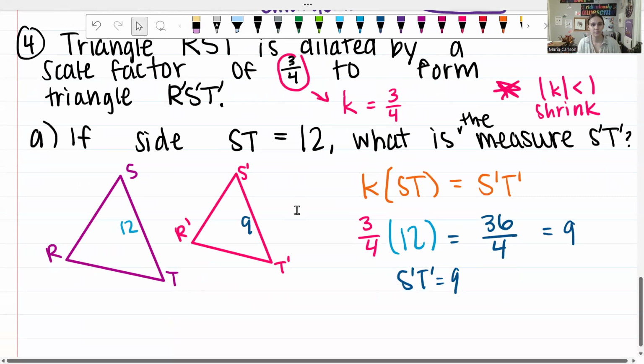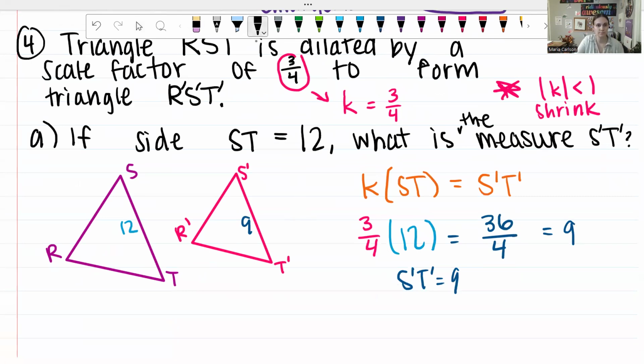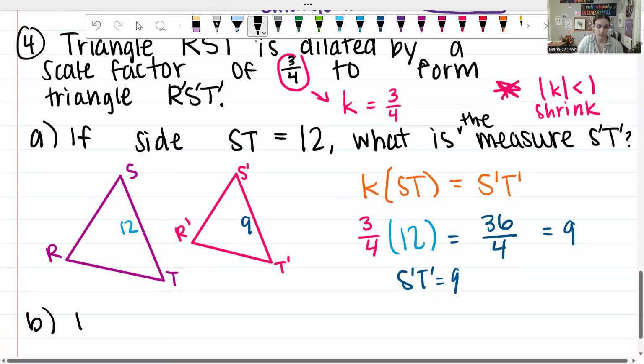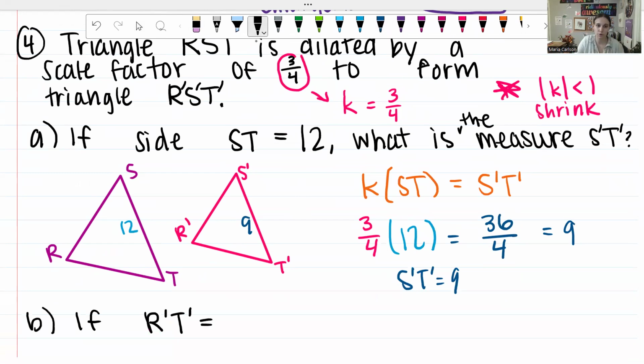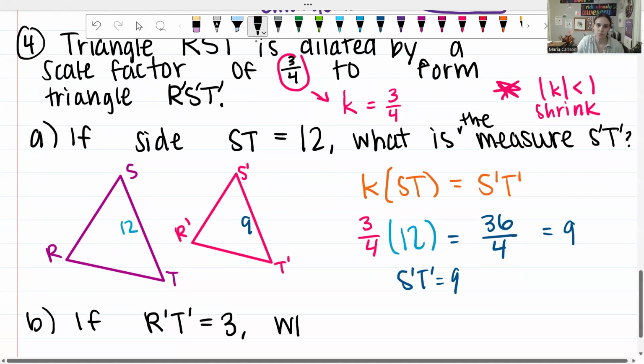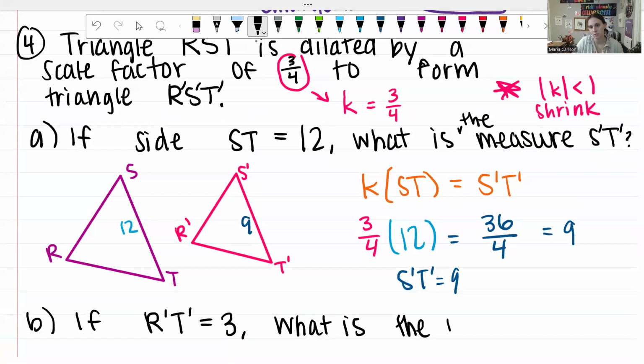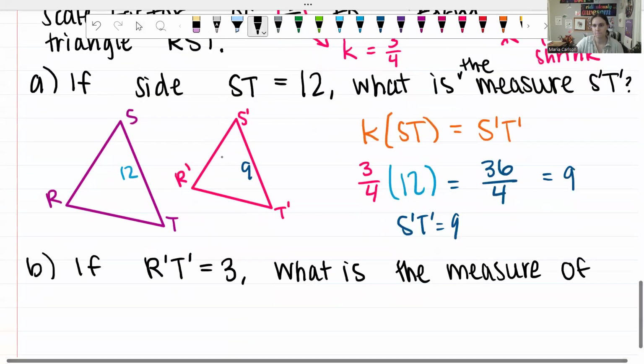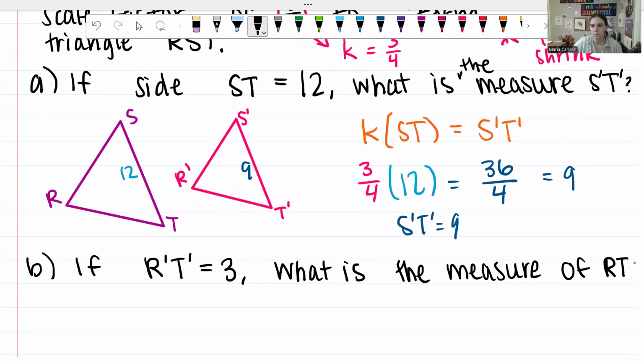All right, part B to this problem and the last part. If R prime T prime is equal to 3, what is the measure of RT? So now we know R prime T prime, and this drawing I created here is clearly not to scale.